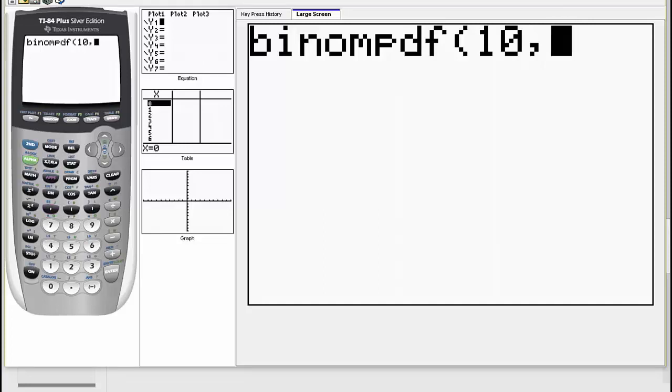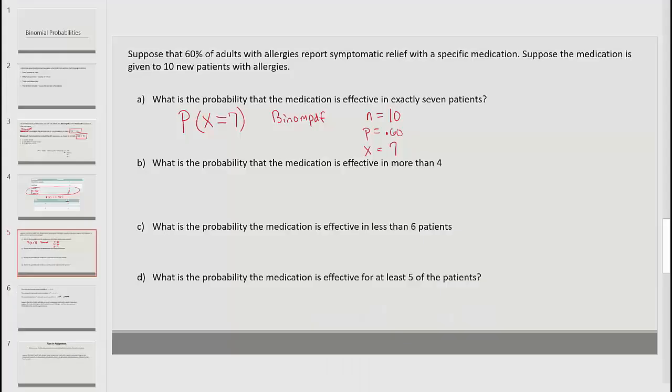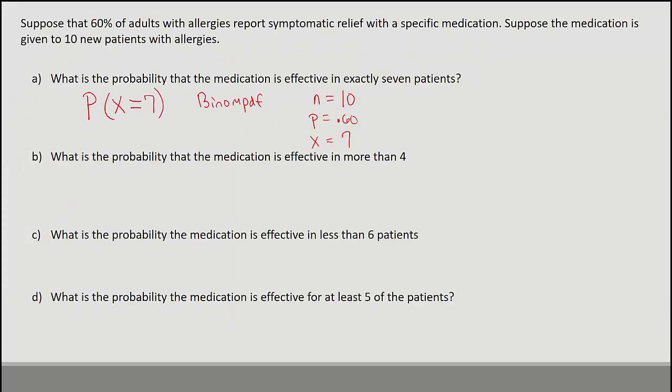P was 60%, so 0.60, comma, 7, because our X, our number of successes, was 7. We close that up, hit enter, and to 3 decimal places, I'm hoping you all got 0.215. And that's our answer. So this probability equals 0.215.